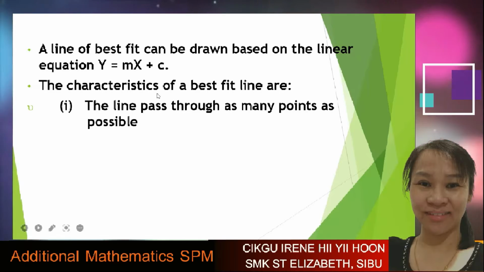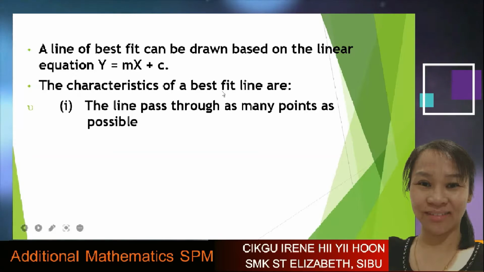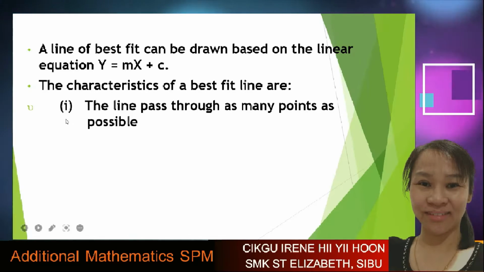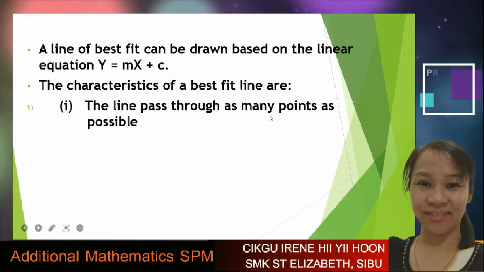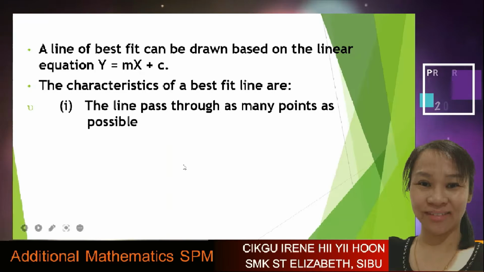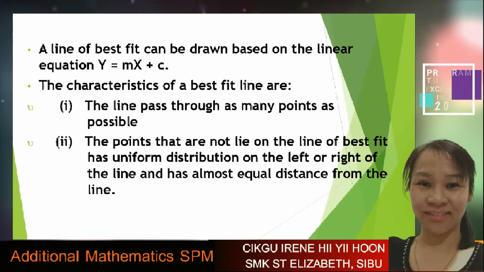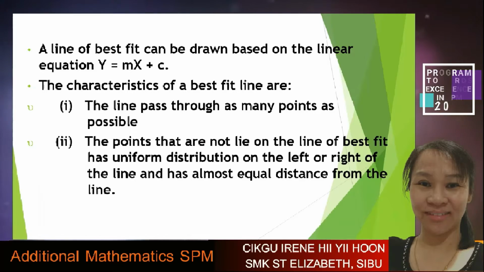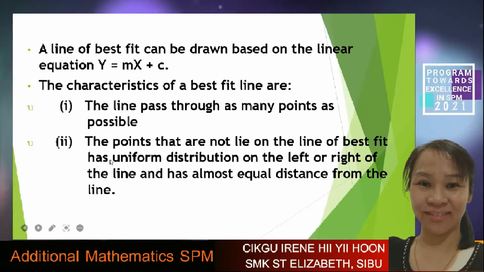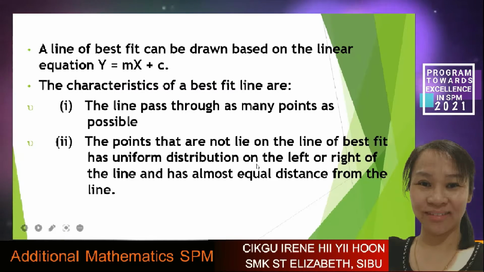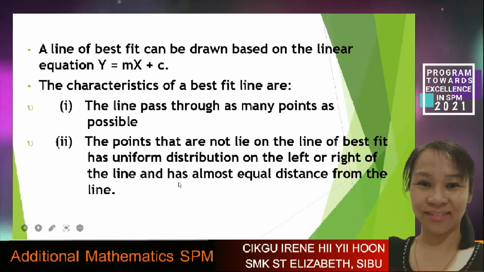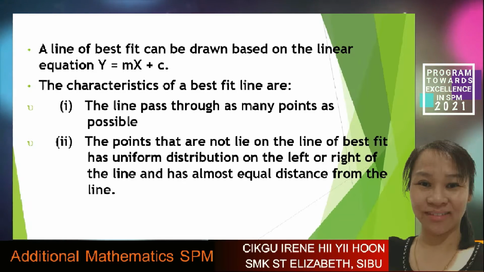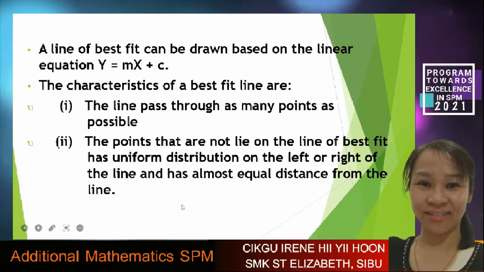The characteristics of a best fit line are: 1. The line must pass through as many points as possible. 2. The points that do not lie on the line of best fit have uniform distribution on the left or right of the line and have almost equal distance from the line.